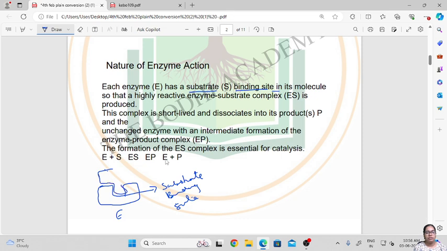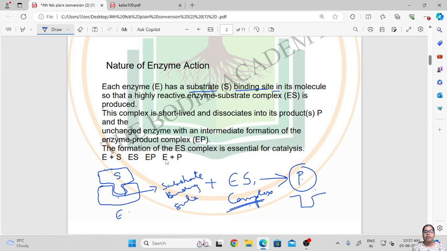This substrate will come and bind to the enzyme and will form the enzyme substrate complex. Then from this complex what will be formed is the product. After the product is formed, the product will leave the binding site, and you will get your enzyme separately and you will get the product from the enzyme substrate complex.